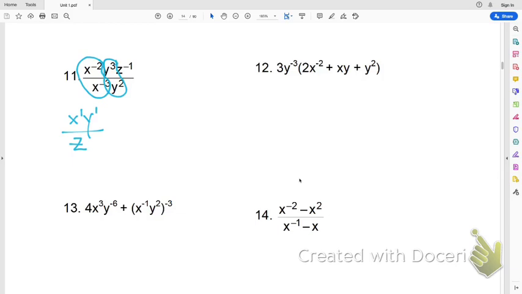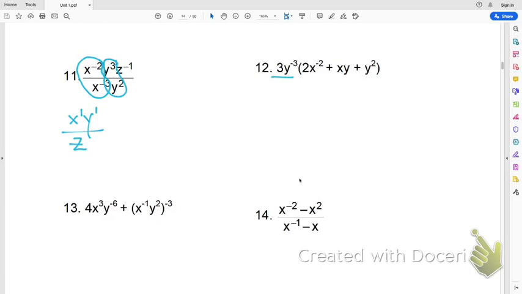All right, 12 is kind of a tricky-ish one. What are we doing in this problem? Or what should we be doing with this, the 3y to the negative third? Distributing. Now, think about, and we always just say it's distributing, but what math operation is that? It's multiplication, right?